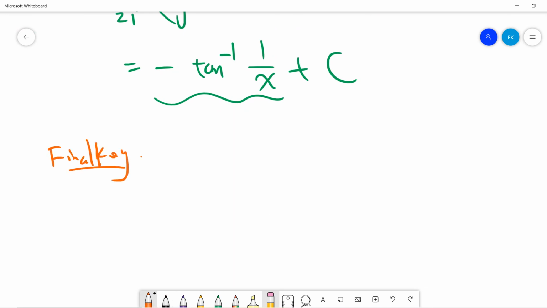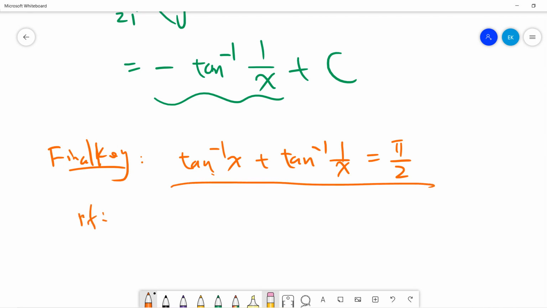The final key identity we need to use is that arctangent x plus arctangent 1 over x is basically pi over 2. By the way, x should be any positive real number. Let's quickly prove this.